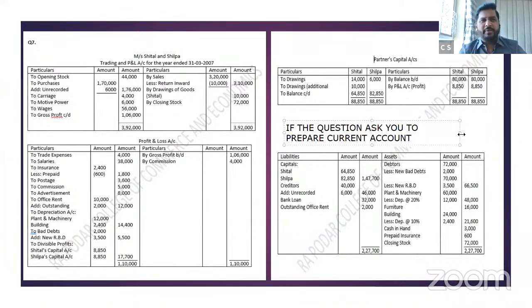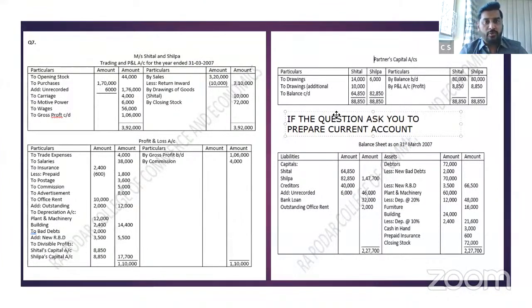You need not prepare capital account, but in that case, you need to prepare current account. So those who are asking whether to make capital account or not, the answer is you can do all the adjustments in liability side without opening capital account, no problem.